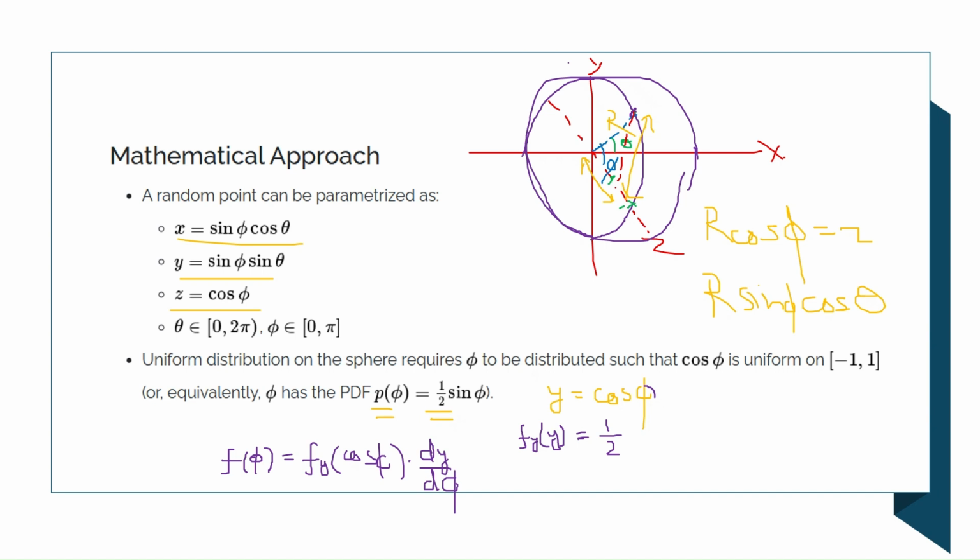This is the standard method of change of variable. You're given a random variable in terms of one variable, and you have to change it in terms of the other. You replace the variable and you multiply it by the derivative. So when we apply this, we get the PDF of phi, which equals half of sine phi.